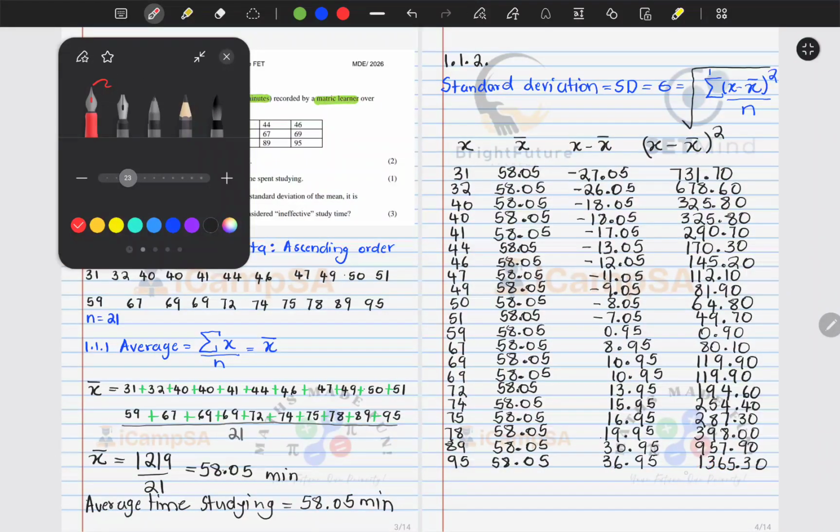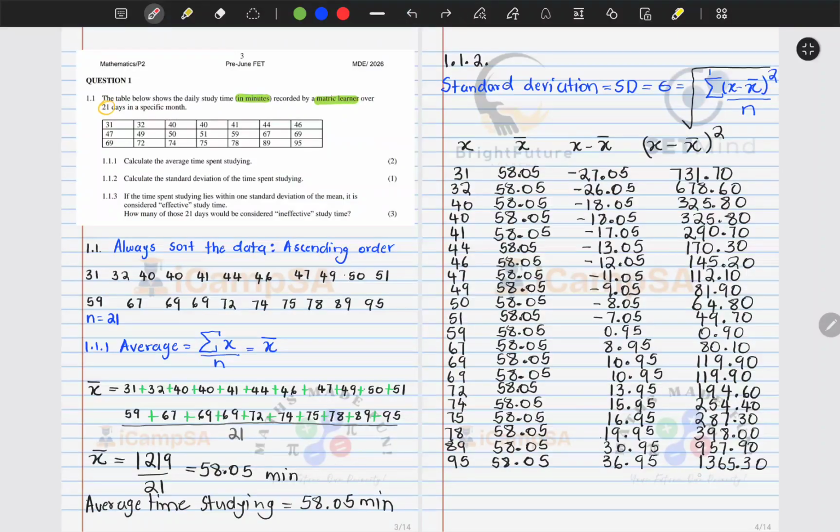What we are now going to do is sum these values so that we can get the sigma notation there. So I'm going to my calculator. If you look at the top, I'm going to put in 731.70 plus 678.60, and then plus 325.8, and then plus another 325.8, so that's times 2, then plus 290.70, and I'll add the rest.